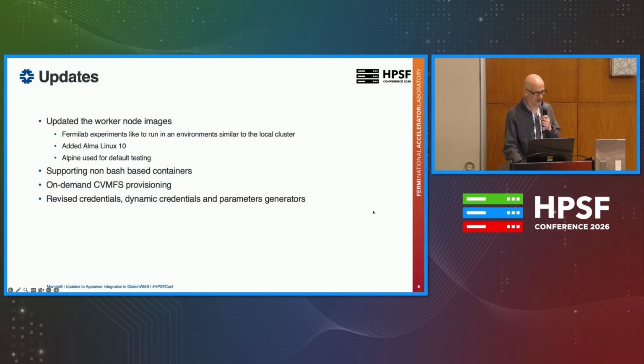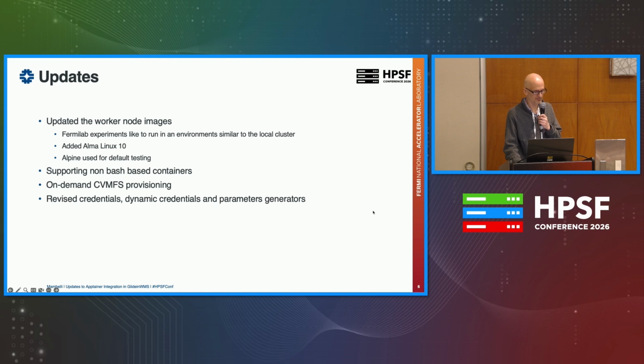So this year we did some regular maintenance, right? Update of the images. Besides providing the infrastructure with GlideinWMS, we also distributed some images that especially Fermilab experiments are using, so that they can find everywhere an environment similar to what they have in their local clusters. We added Alma Linux 10 support.